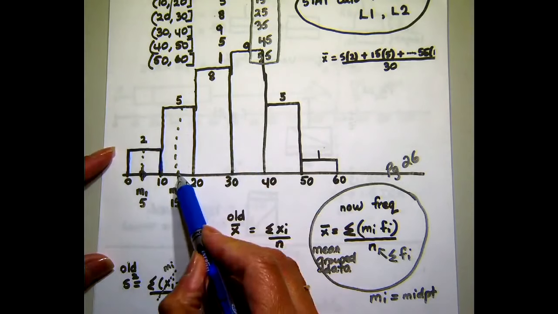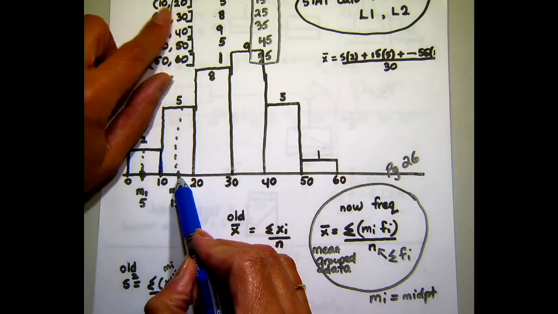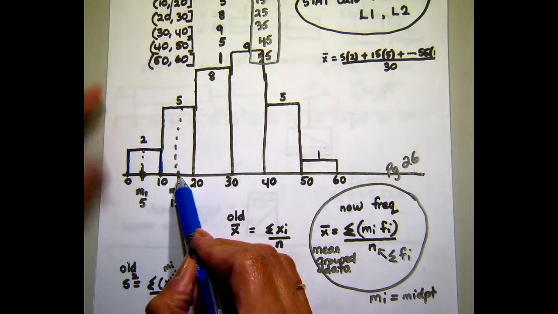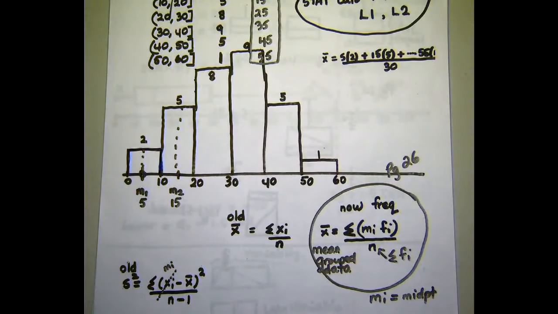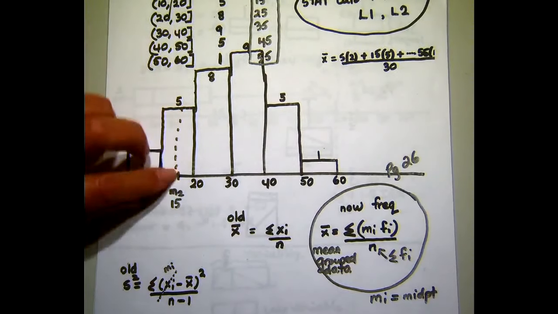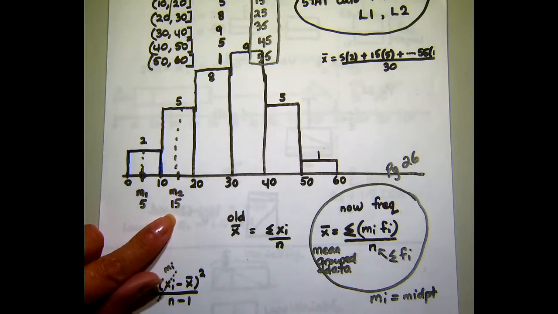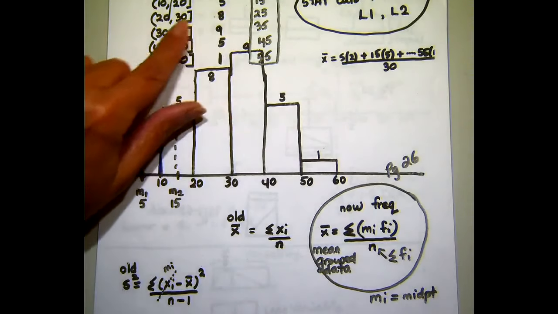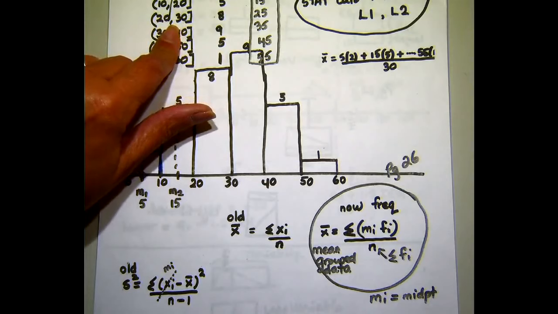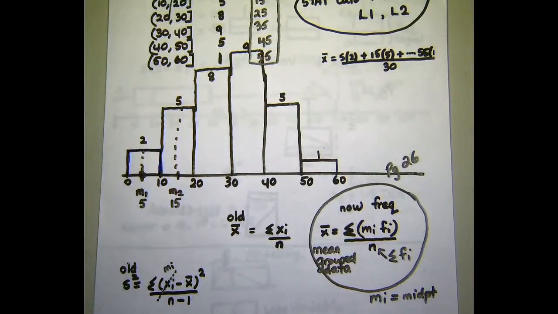And then the next midpoint is 15, because that's the midpoint between 10 and 20, and so forth. So the assumption is that all 5 of these values are 15s, and all 8 of these values are 25s. Follow me? So once I do that, I can list it as an individual frequency table.